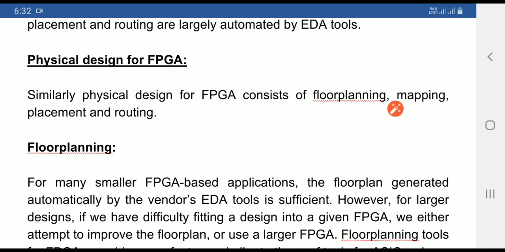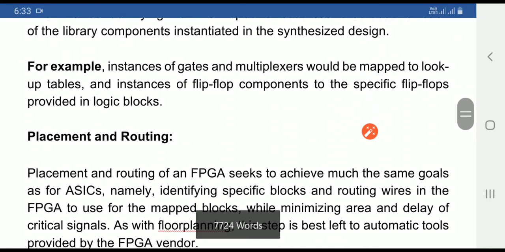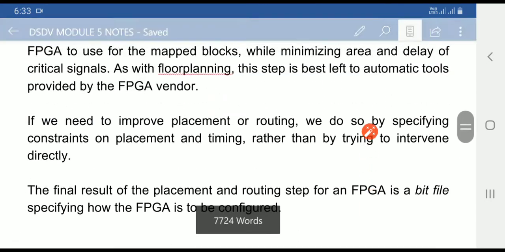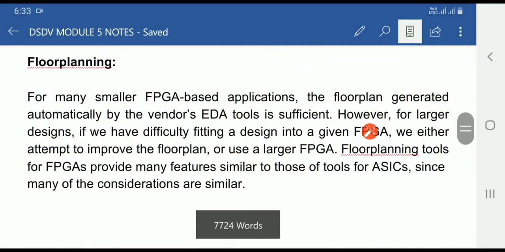Mapping is used to map the muxes or gates used in the design onto the lookup tables based on the functionality used in the design. The remaining concepts are similar, so just go through this and you will understand the physical design for FPGA.